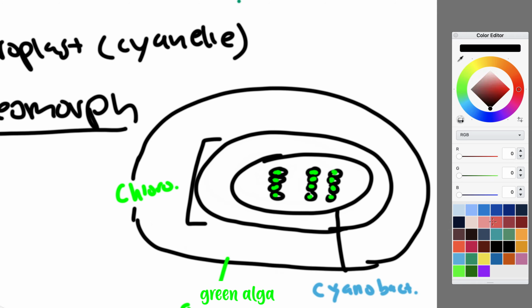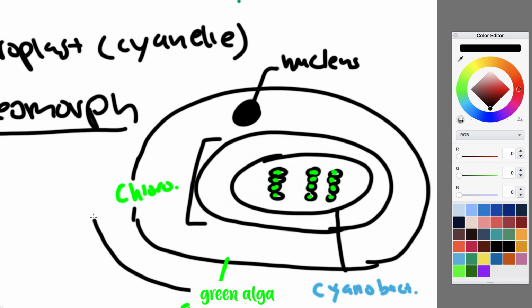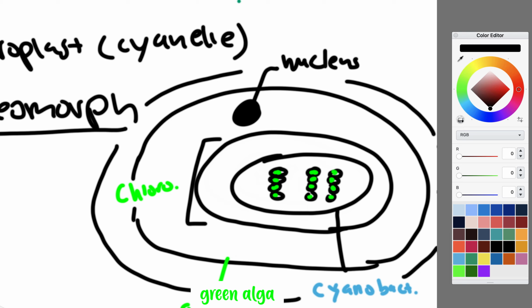And that means that in here, because it's a eukaryote, it has a nucleus. So this is the green alga. Then that gets engulfed, though, by another eukaryote, and this is the cell membrane from the secondary endosymbiosis, whereas this was the membrane from the primary endosymbiosis.